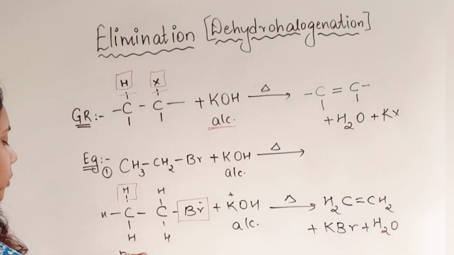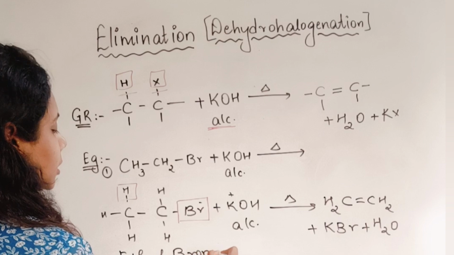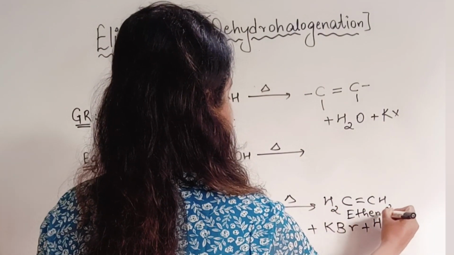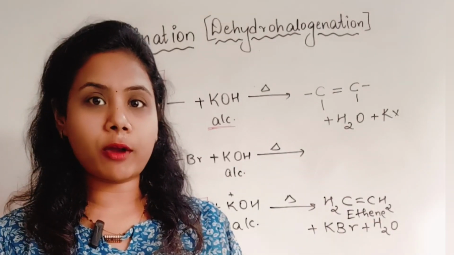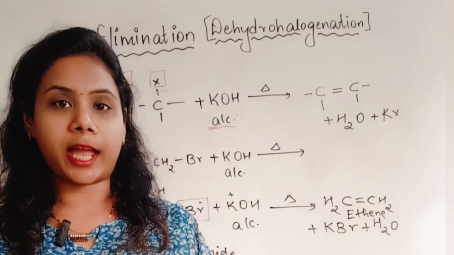So we have converted ethyl bromide to ethene. Clear? So likewise, you can take n number of reactions in order to solve the dehydrohalogenation reaction.